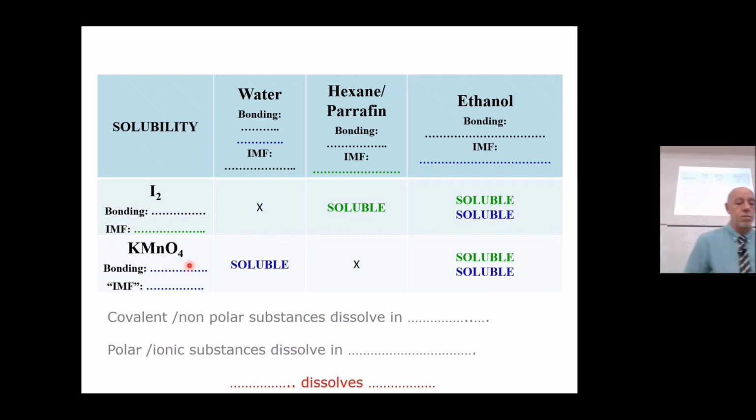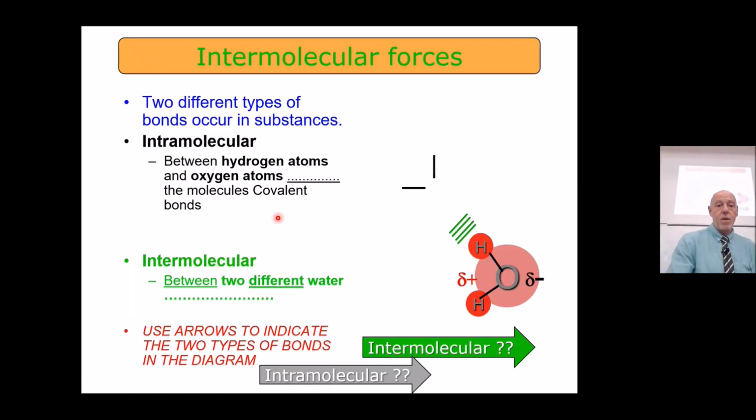It was 0. Yeah. So potassium permanganate is ionic. Now that's the only thing you can write down at the moment. I've got the solubilities there. We're going to come back to that slide. So let's go and have a look at intermolecular forces first. All right. Now I've given you this slide. This is the one that's got gaps in it. You have to pull them in. Little story for you.